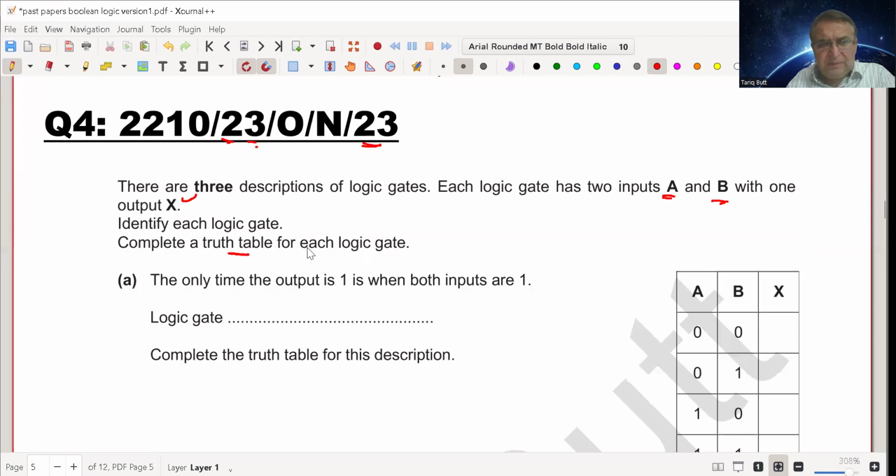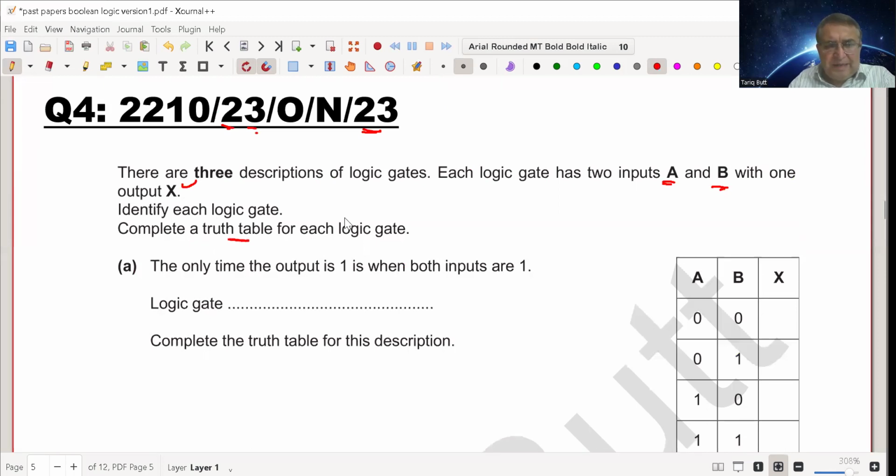Fine. So part A: the only time the output is 1 is when both of its inputs are 1. So what is the gate?